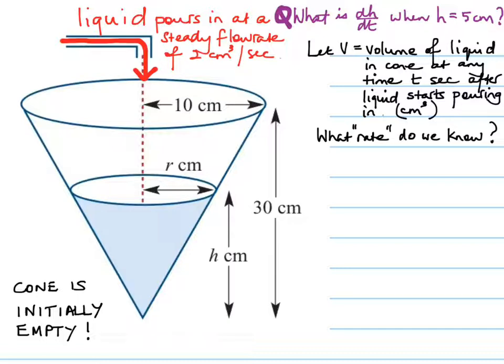Now, I happen to know that the flow rate of liquid into this cone is 2 cubic centimetres per second. So with a volume V of liquid in there, what derivative would that be? What rate with respect to, in this case, time? Yes, it would be dV dt.